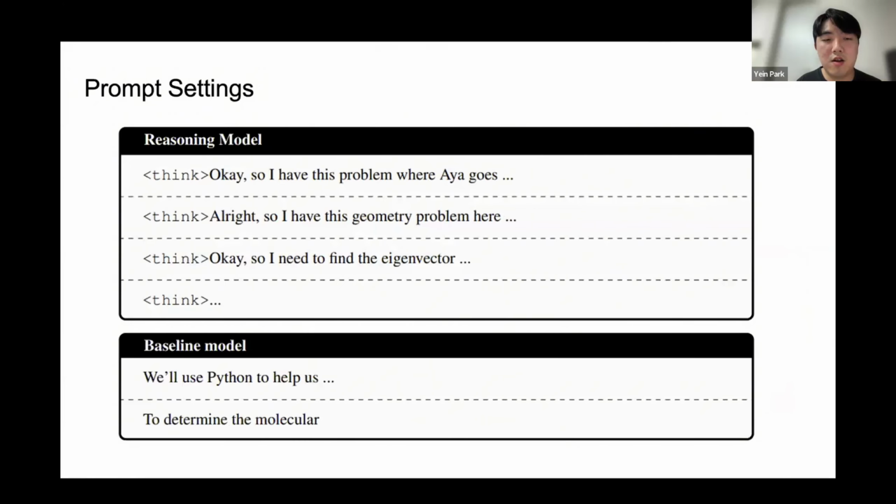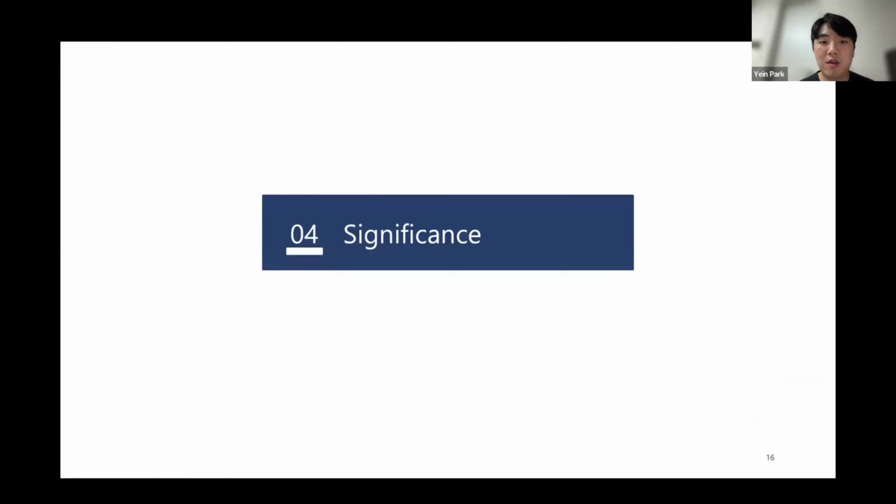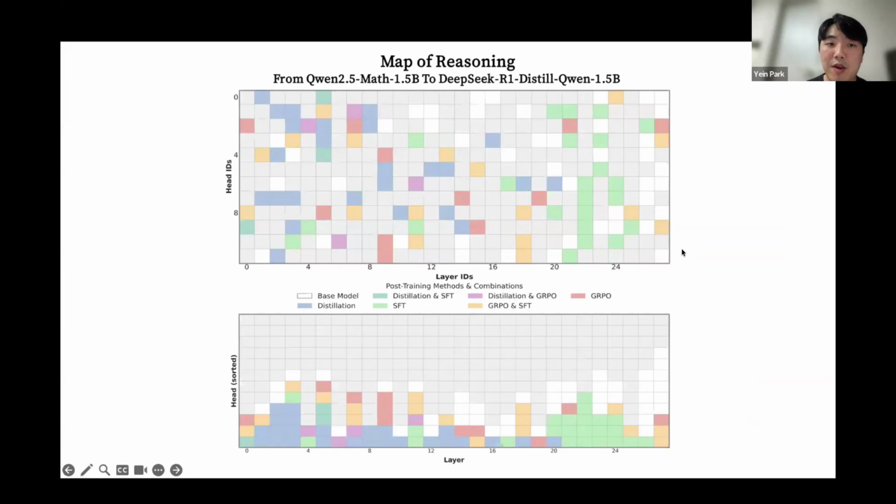Sure. I would like to explain first that this is not the same as showing attention heads that are not in the transformer models. The circuit is just a reconstruction of the attention heads or MLPs doing some specific tasks, and we map those heads in this map.